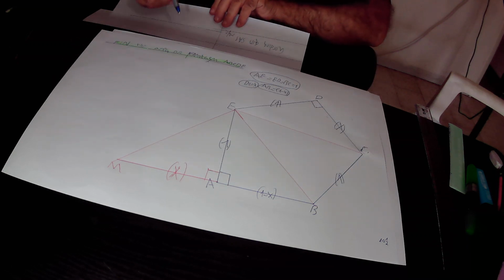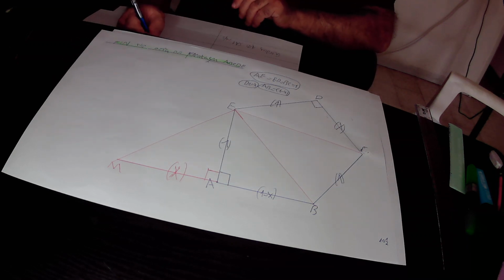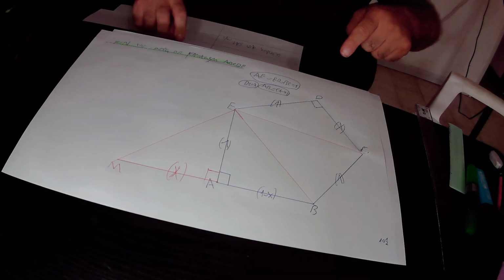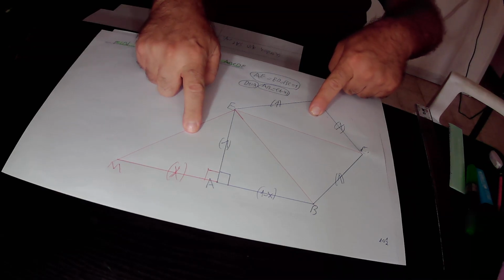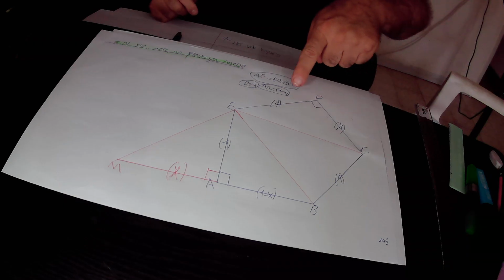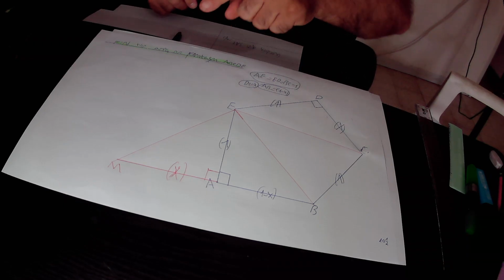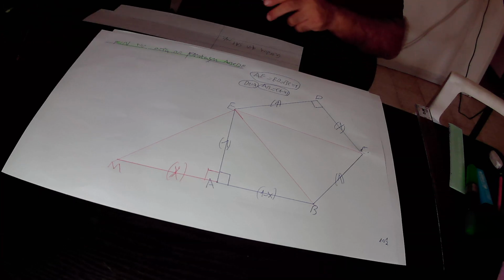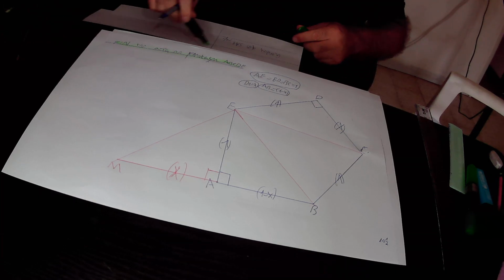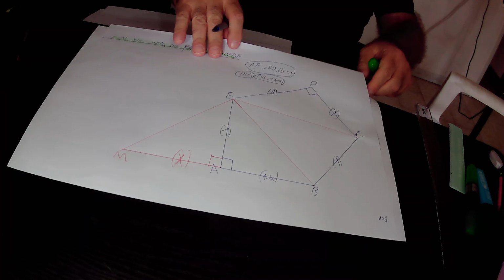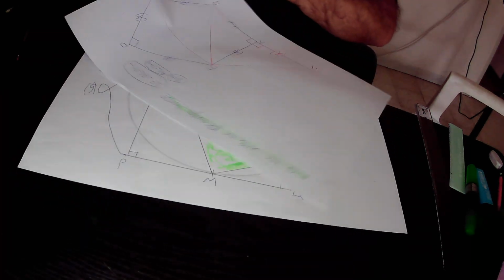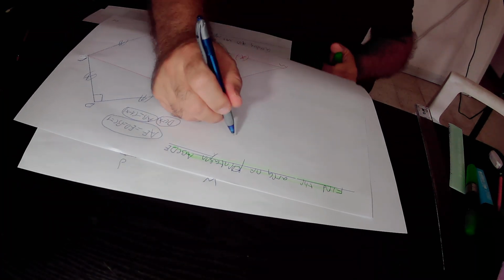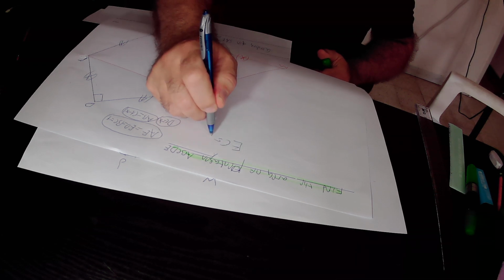The second thing that we will derive from the fact that those two right triangles can go into each other, we will derive that EC equals EM.